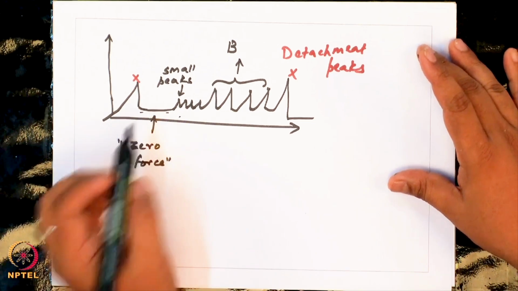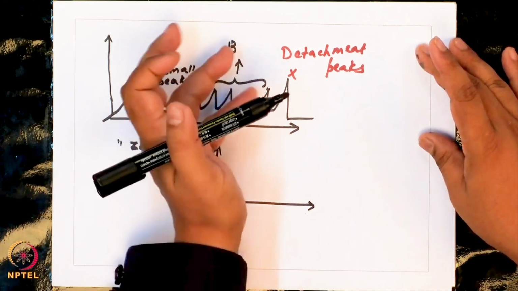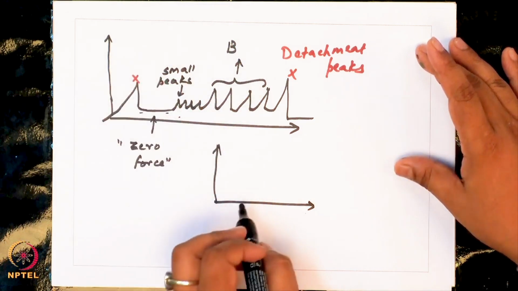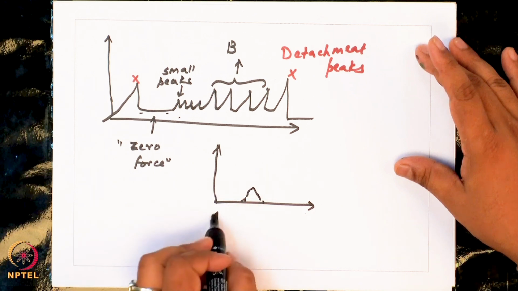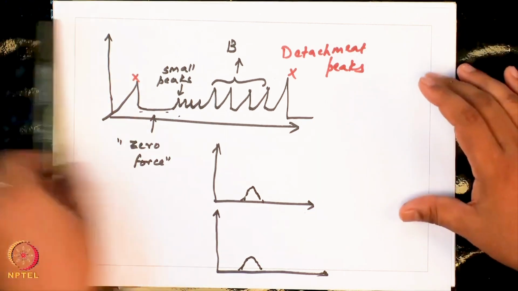Once again what you can do is plot the force peak. I am not plotting the one for B, but for this you can get a small force peak and a corresponding length peak. This is the force, this is the length.